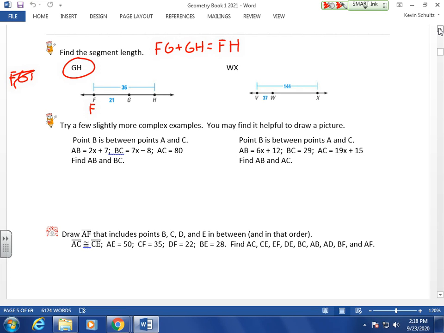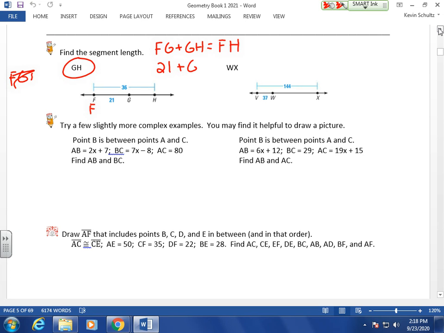Now, it's very obvious that it's 15, right? Because we're 8th graders, 36 minus 21 is 15. But if someone asks you for the mathematical reason why, the answer is the SAP, the segment addition postulate. Now we can say, okay, I know that FG is 21.